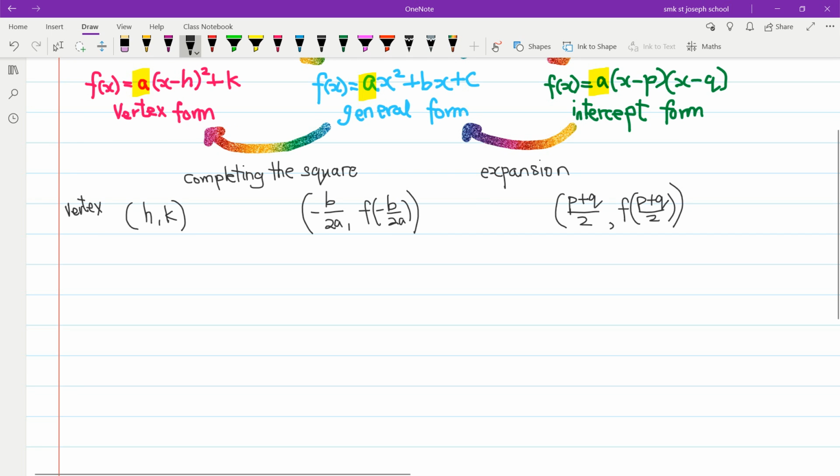Let me use the same example from the last two videos. We use this 2x squared plus 4x minus 16 in general form. We managed this by expanding the same function in intercept form.